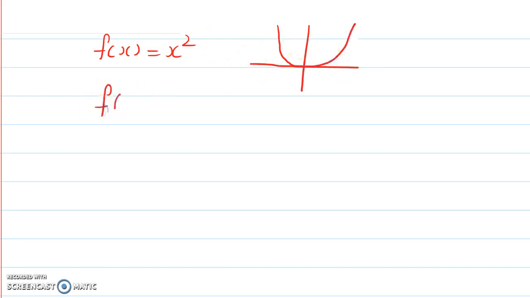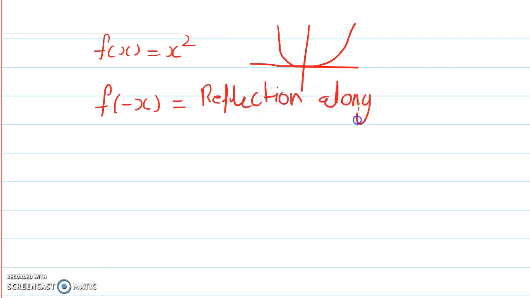And the last question is, when f(x) is x square, and we put minus x inside the bracket, then what happens? It is a reflection of the original curve along the y-axis.